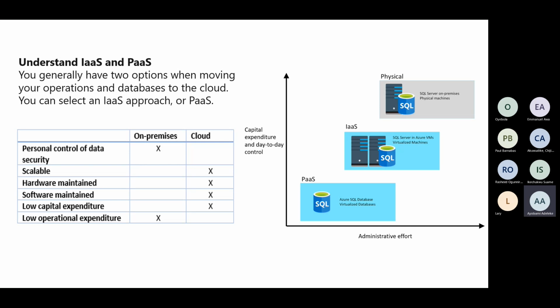So looking at the other chart on the right, we have capital expenditure and day-to-day control on the y-axis, and on the x-axis, you have the administrative effort. So when you are physically on-premises, you have your SQL server on-premises, on physical machines. Capital expenditure, day-to-day control, administrative efforts are quite high.